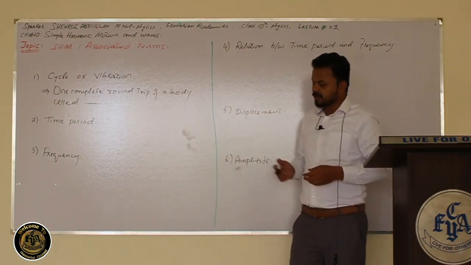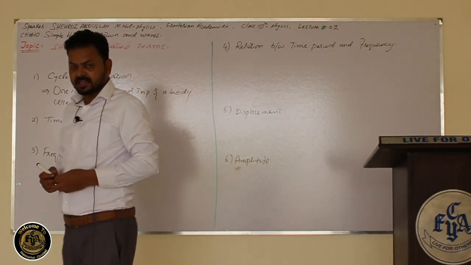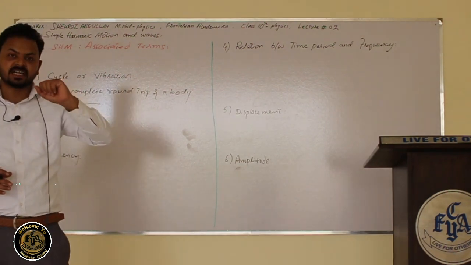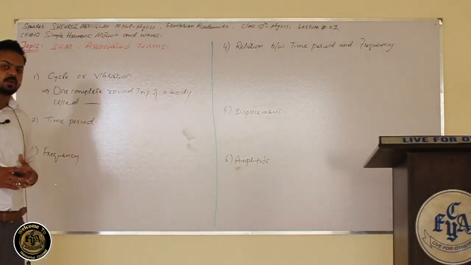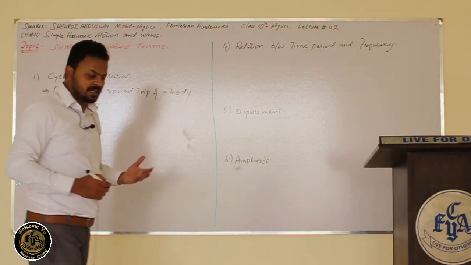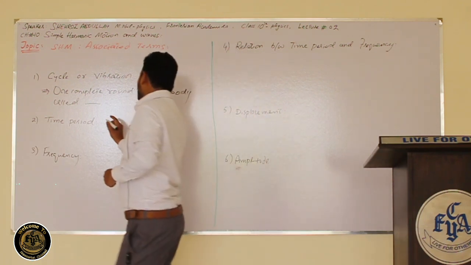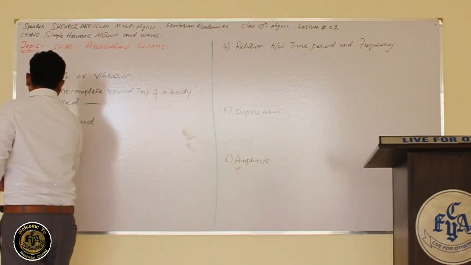Then we have time period. Time period is quite clear from the word, it shows you a certain time. So we can say that the time required to complete one vibration is known as time period.